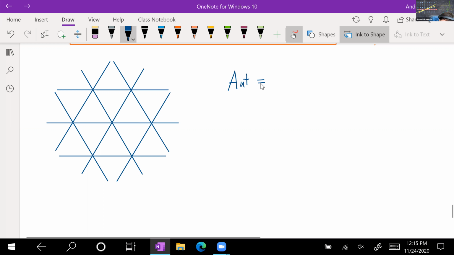That's a group; here it's S3, or in general Sn cross Zn, Z3, or well, Z2, let's say.